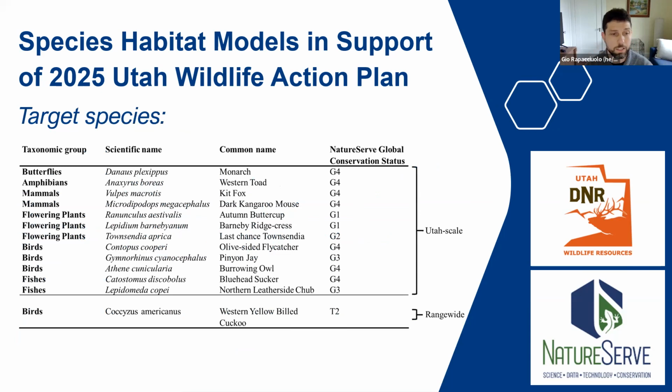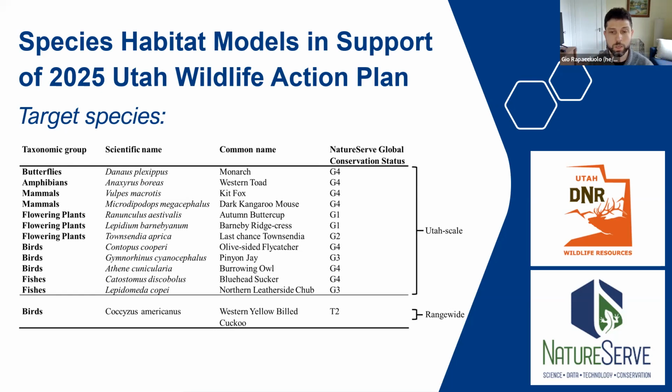So these are the target species, just to show that for this project, we're actually modeling a number of the species at the Utah scale. So we're generating Utah boundary only models. That is a possibility. And then one of the species we will actually be modeling range wide, which is another possibility that we strongly encourage.